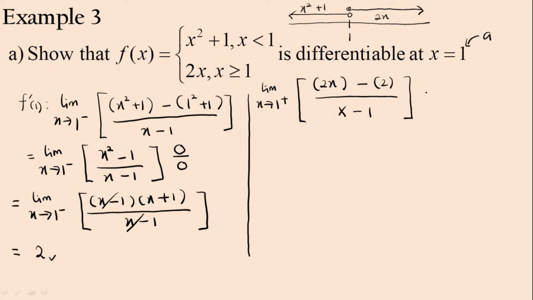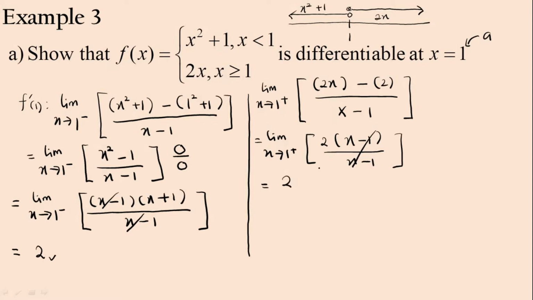If we substitute once again, you're going to get 0 over 0, but then you can see that basically we can factorize 2 outside. So the limit of x approaches 1 from right would be equal to 2 times (x minus 1) divided by x minus 1, and once again x minus 1 can be cancelled out and our final answer would be 2.